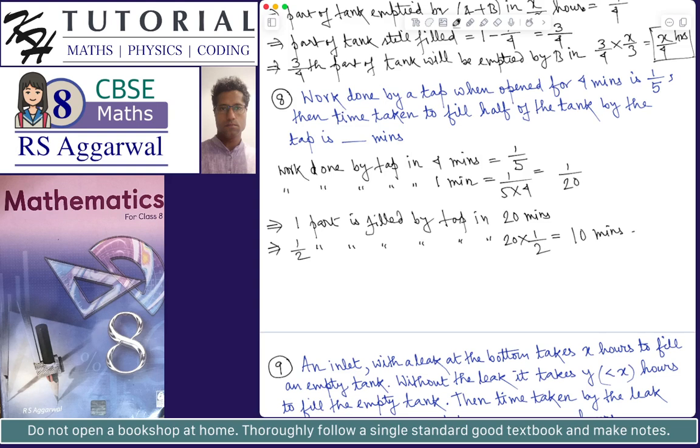Obviously the half part of the tank will be filled in half of the time of 20 minutes, which is 10 minutes. So the answer is 10 minutes.